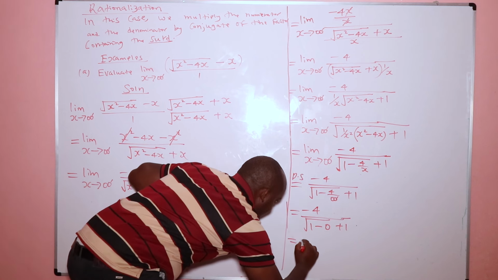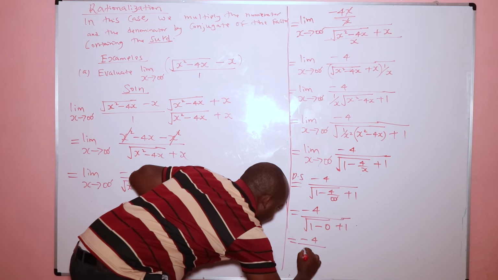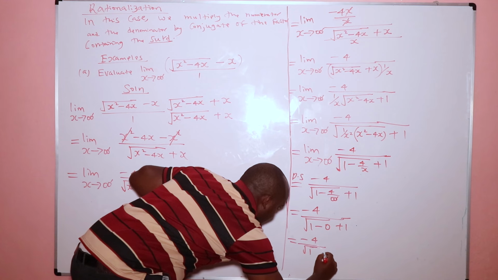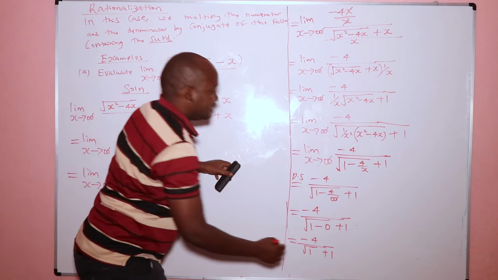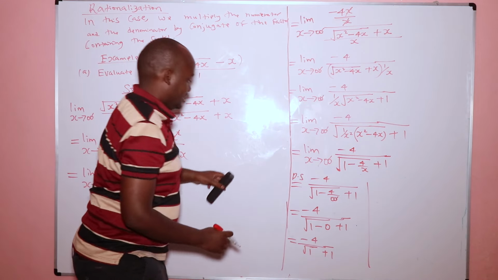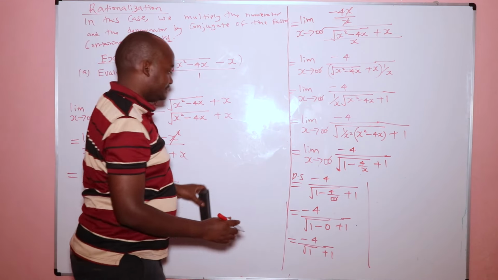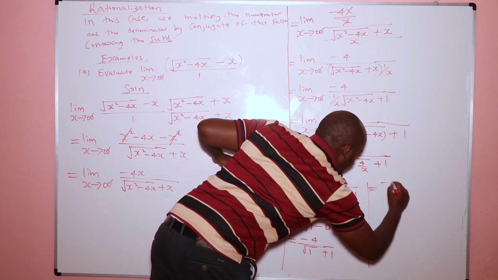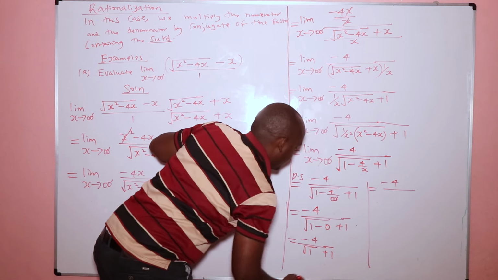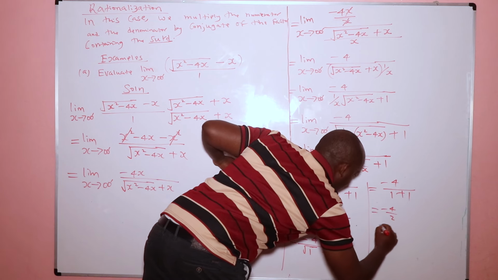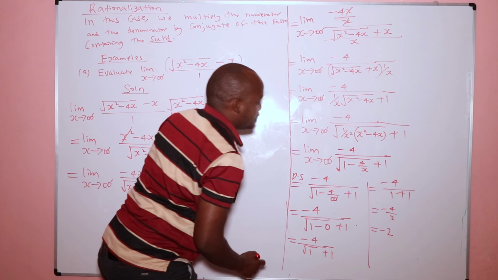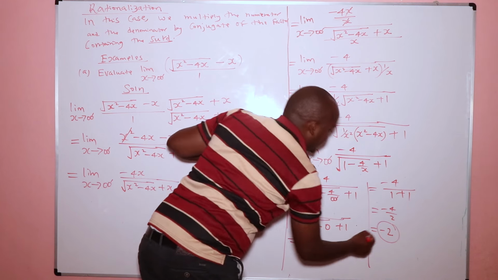Which is going to give us negative 4 over root 1 plus 1. But the square root of 1, you get 1. So this will simplify to negative 4 over 1 plus 1, which equals negative 4 over 2. This is going to give us negative 2. So this is our limit.